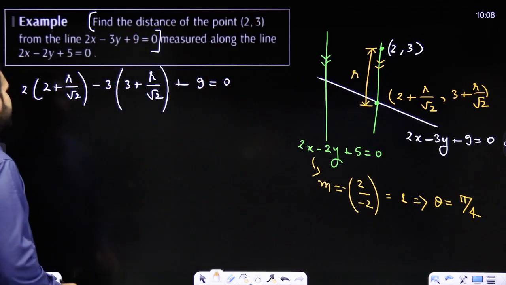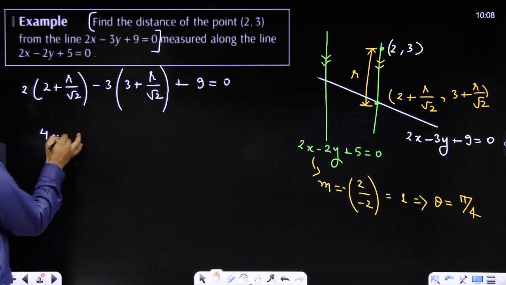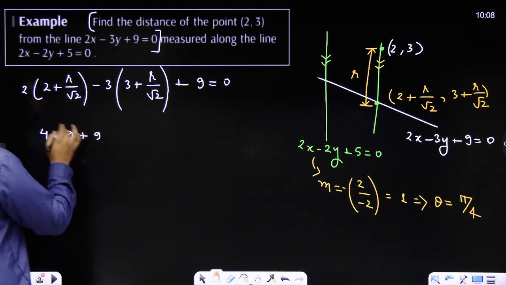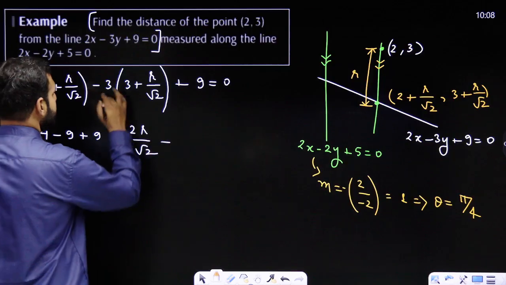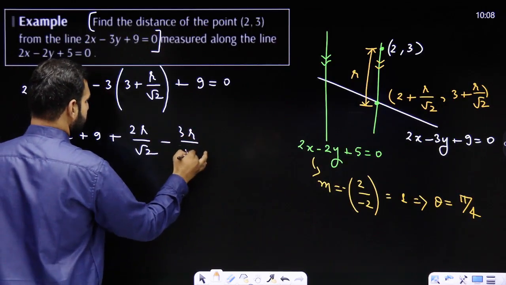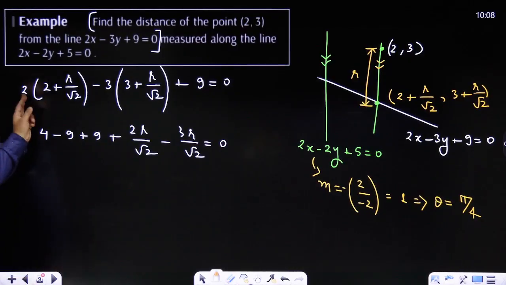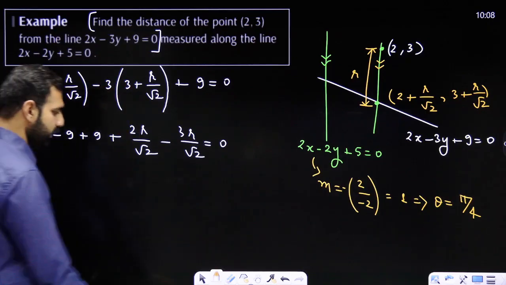From this equation, I can clearly see 2 into 2 is 4, 3 into 3 is minus 9, and plus 9 I'm already having over here. Apart from that, the variable terms are going to be 2r by root 2 minus 3r by root 2 is equal to 0. I hope I've done nothing wrong in terms of calculation. 4 minus 9 plus 9, that is 2r by root 2, that is minus 3r by root 2. Yes, we are going great.